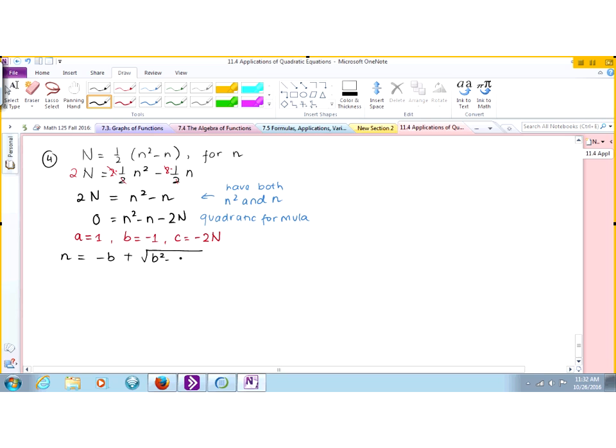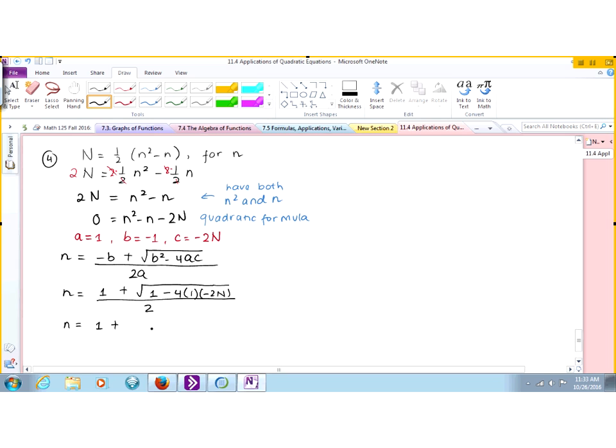Negative b plus or minus square root of b squared minus 4ac all over 2a. What's negative b? 1 plus square root of 1 minus 4 times 1 times negative 2n, divided by 2.